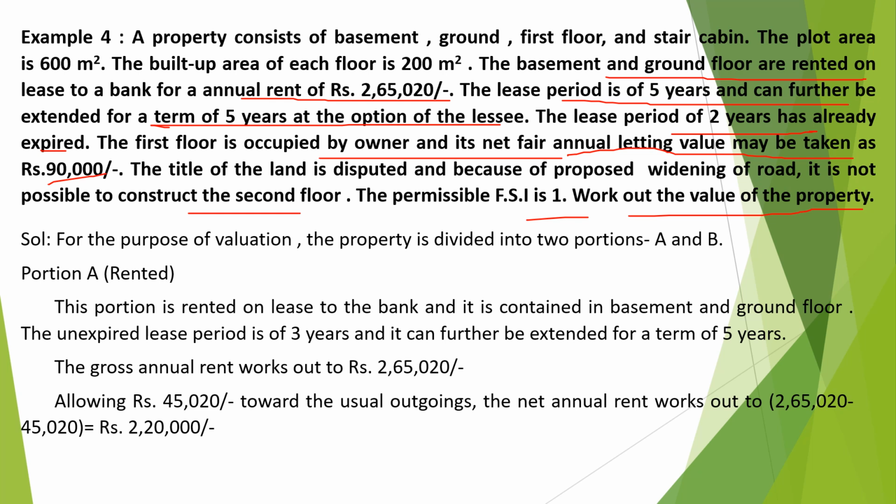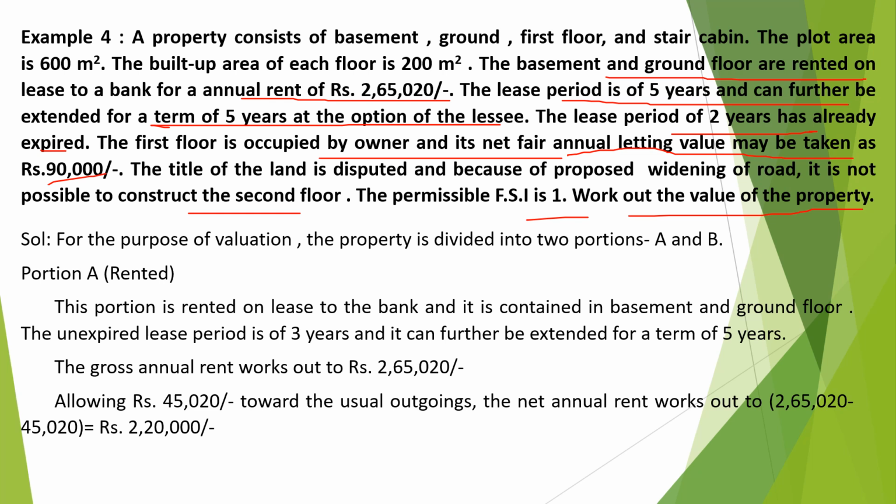So see here, a certain portion is owner occupied and a certain portion is rented. As we already know, in case of income approach, the rented portion of the property will be valued by the income approach or capitalized method, and for the owner occupied portion you can use any method.